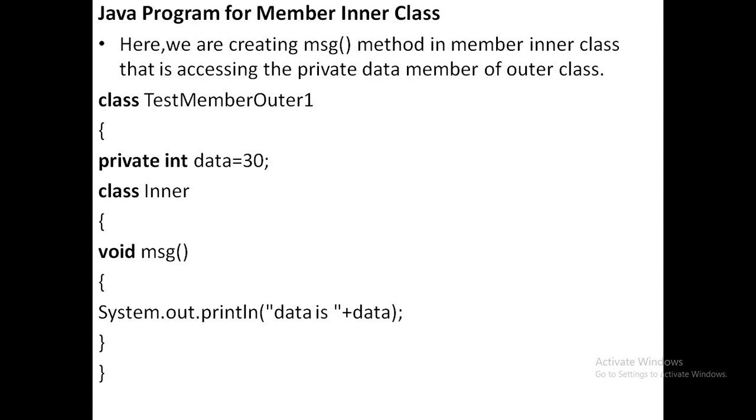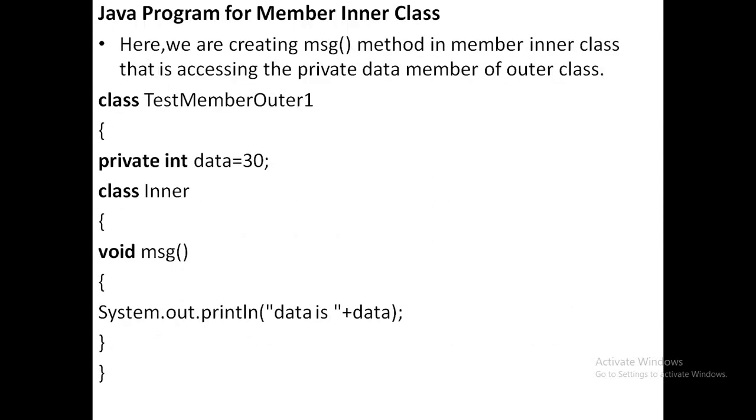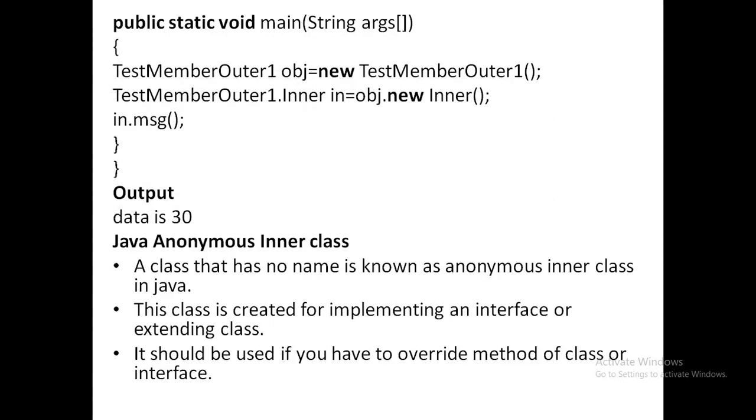Here data equal to 30 is an integer value which is declared as private in the outer class. In the main function, an object is created for the outer class and an object is created for the inner class, and with this inner class object the message function is called, which is able to access the private data declared in the outer class.